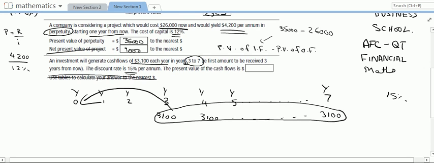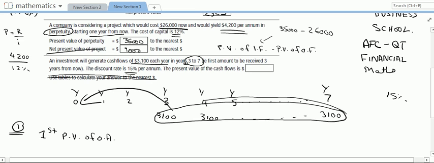There are 3 methods to do this. I will solve this by 2 methods and explain one method verbally. Method number 1 is to first apply the present value of annuity or ordinary annuity formula. What will this formula do?